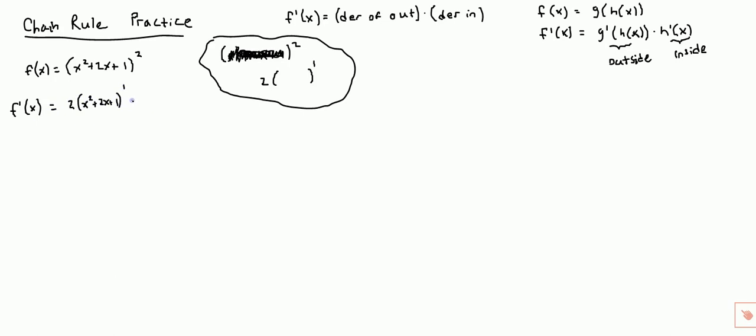And we multiply that by the derivative of the inside, the derivative of x squared plus 2x plus 1. That is power rule, right? 2x plus 2. So the derivative is 2 times x squared plus 2x plus 1 times 2x plus 2. Okay?